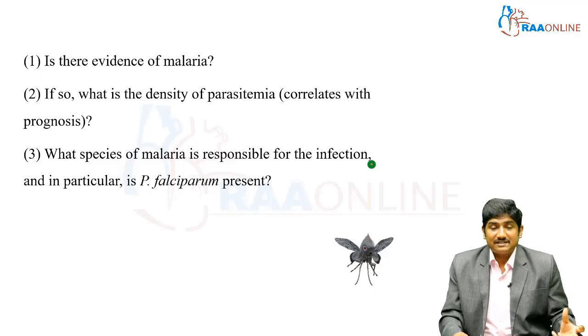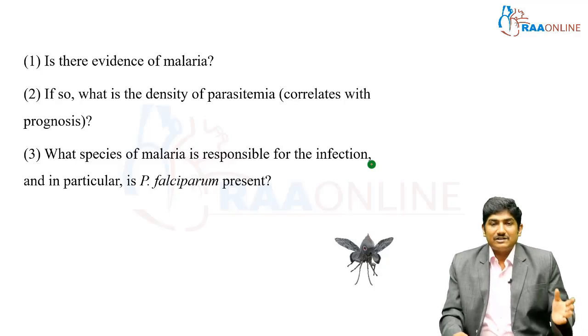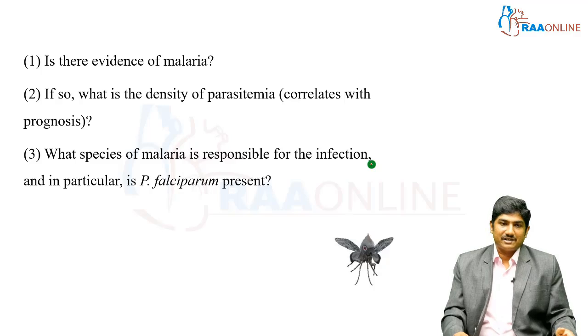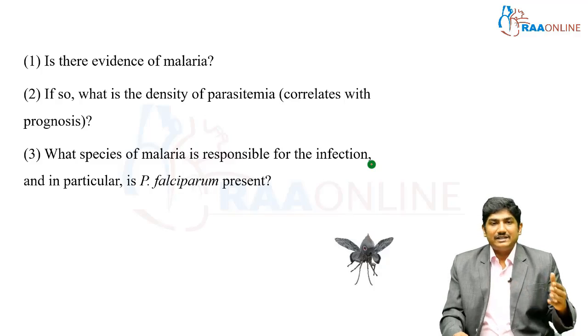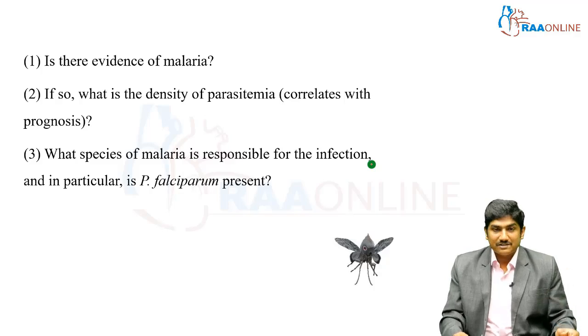Because the denser the parasites, the worse the prognosis. And if there is parasitemia, what species of malaria is responsible for the infection? Because in particular we are worried about whether it is falciparum malaria or non-falciparum malaria. So these are the three questions you need to ask your lab when you send thin or thick smears.